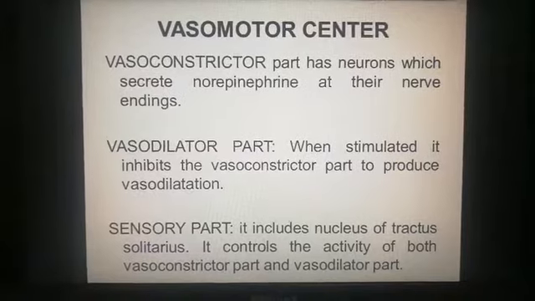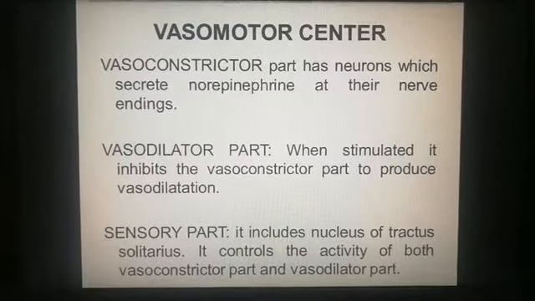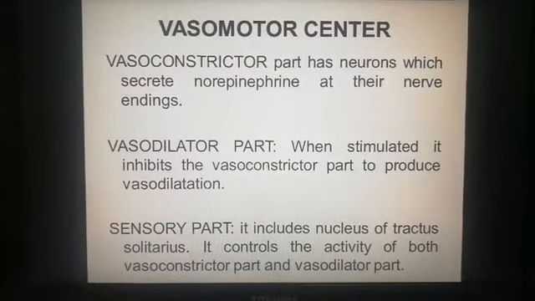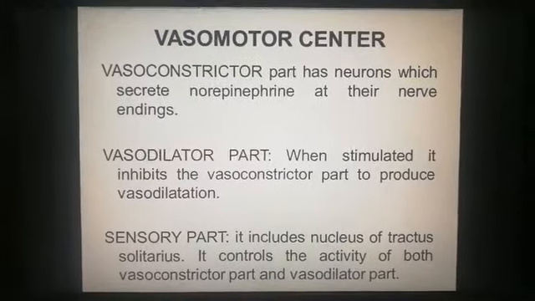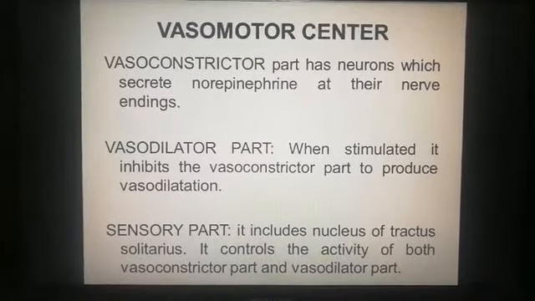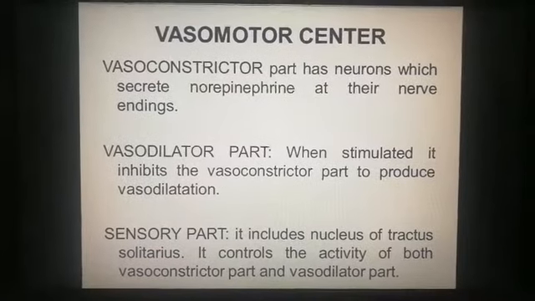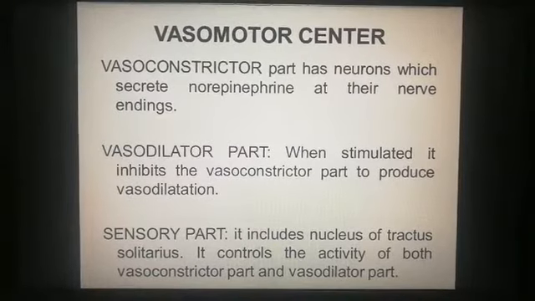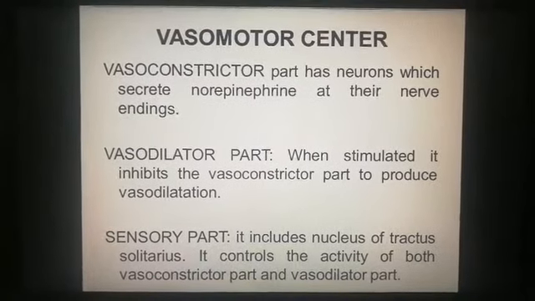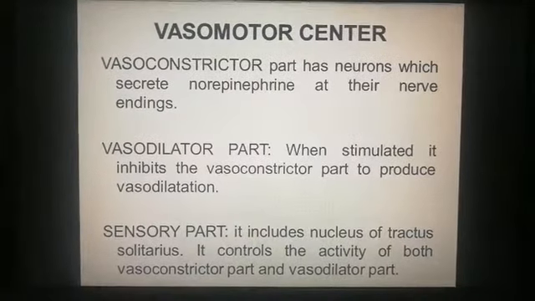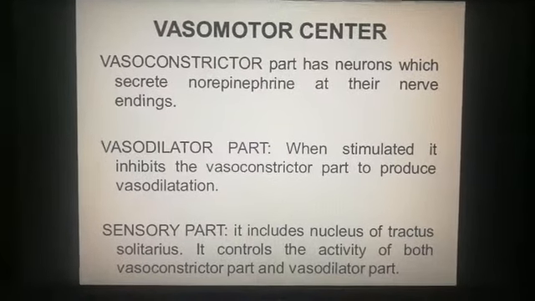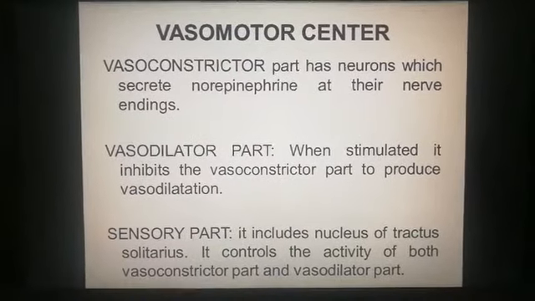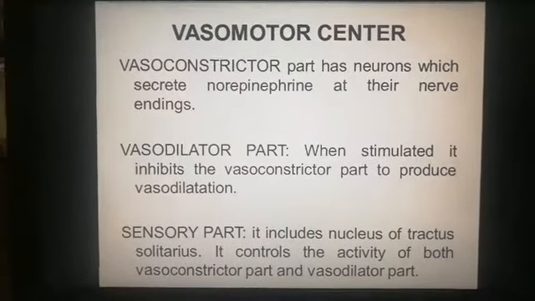They are first received by the sensory part of the vasomotor center, and then the vasomotor center sends signals to the vasoconstrictor or vasodilator area depending upon the signals. So if the signals received by the sensory part are vasoconstrictor signals, what will happen? The vasoconstrictor area will be off while the vasodilator area will be on, and the vasodilator signals are moved from the vasomotor center to the blood vessels through the sympathetic nervous system.